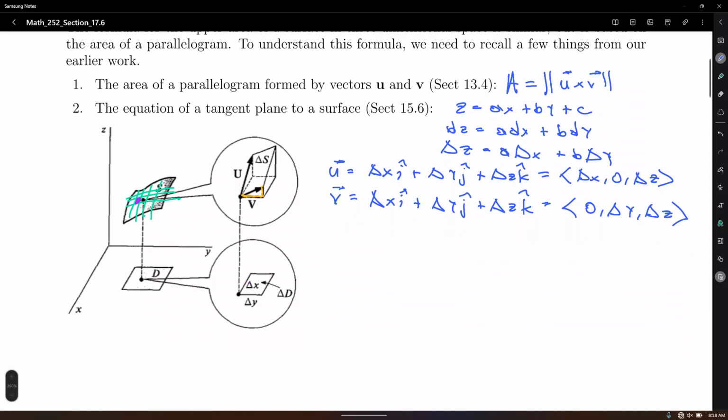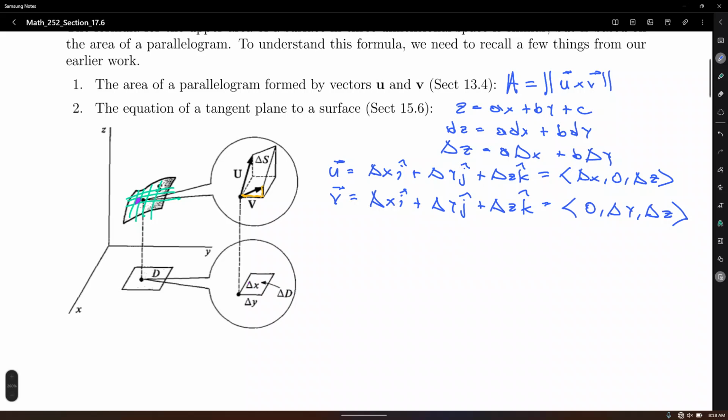Let's rewrite this again. We need to write this in terms of differentials. Think about delta z. What is delta z? Didn't we write delta z in terms of a delta x plus b delta y? We need this because those are the parts of the equation of a plane.